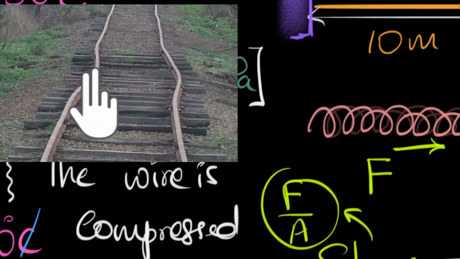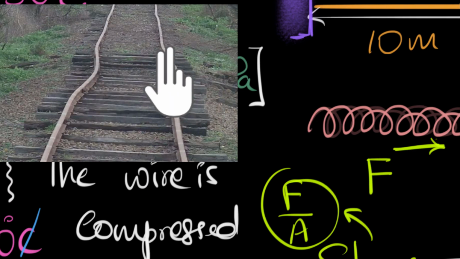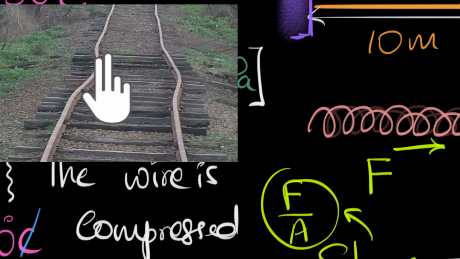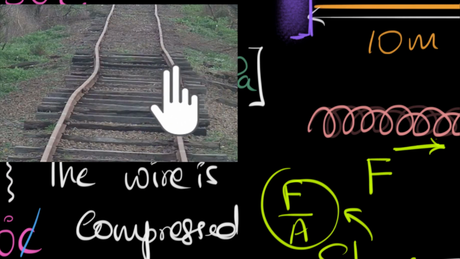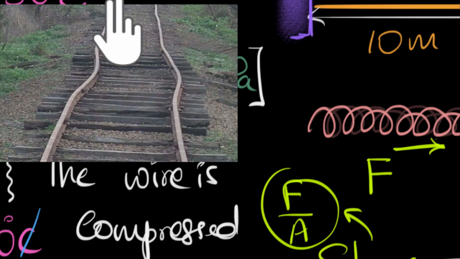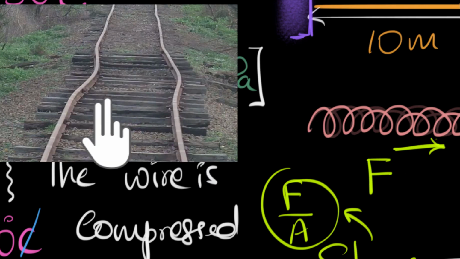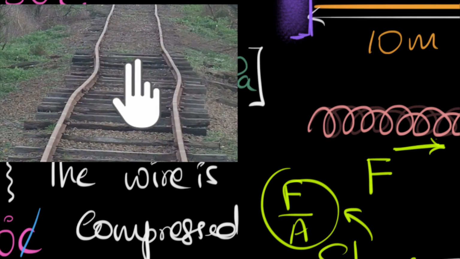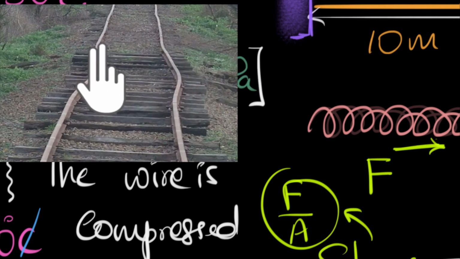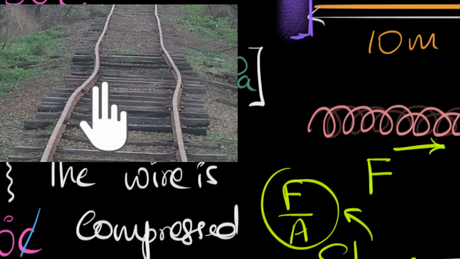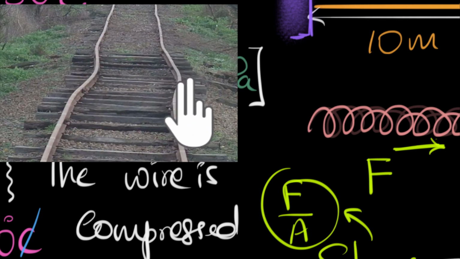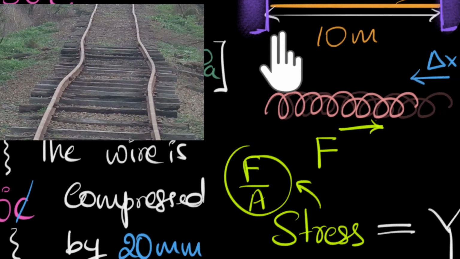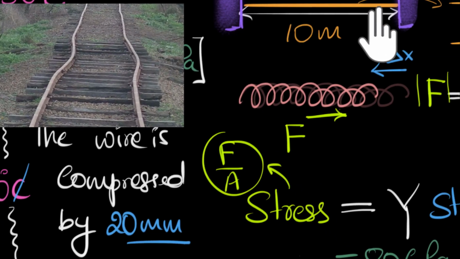Well, what may have happened is that only this part of the railway track may have gotten heated up a lot, and so it tried to expand a lot more compared to the other parts. And so in such a case, the other parts sort of act like a wall, not allowing the expansion so much, causing this thermal stress, which has made the buckling effect over here. And if the material is brittle, then this buckling can even break the material.